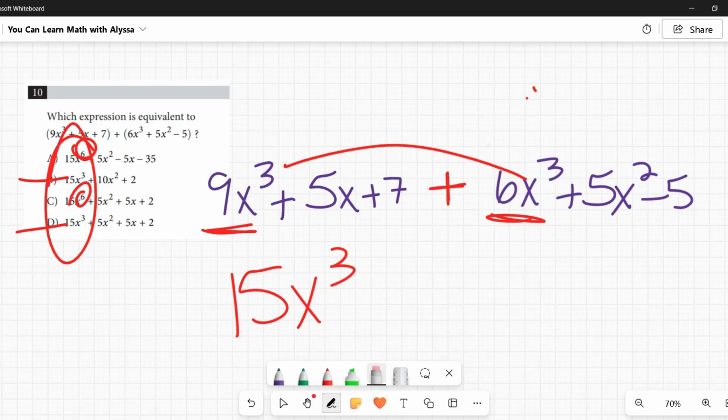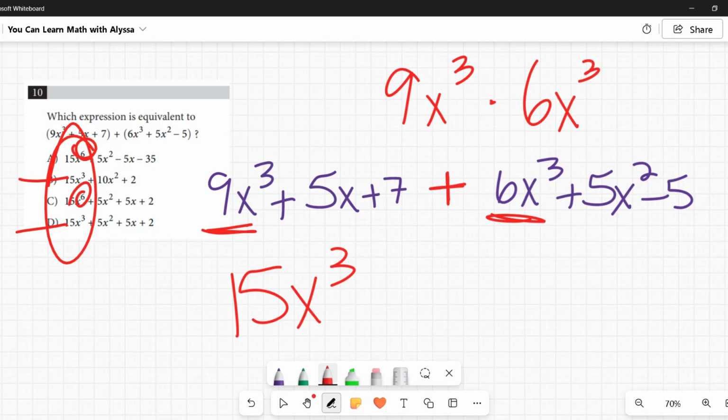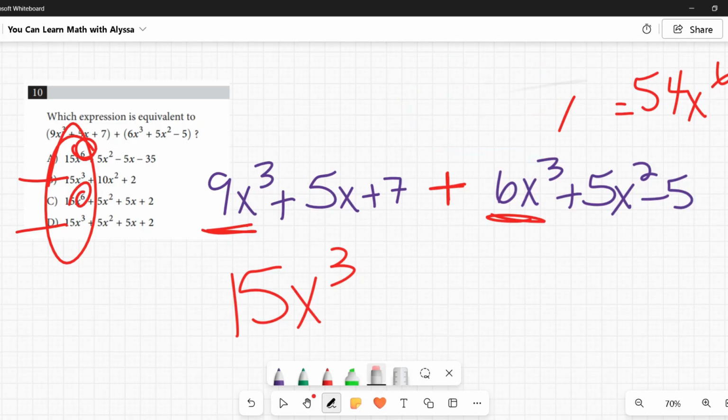So if this had been a separate thing, and this is why sometimes students get it confused, if it was 9x cubed times 6x cubed, you would multiply those together to get 54, and you add the exponents, x to the 6th. So sometimes students think, I know there's a thing where you have to add the exponents. Maybe it's this. It is not this. For this one, they're just saying I have 9x cubes, 6x cubes. Altogether, I have 15x cubes.